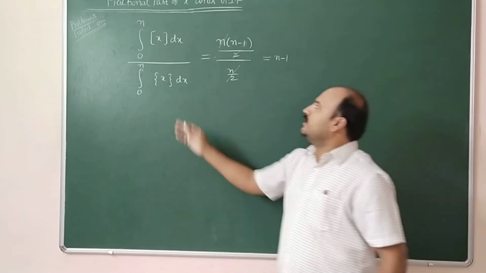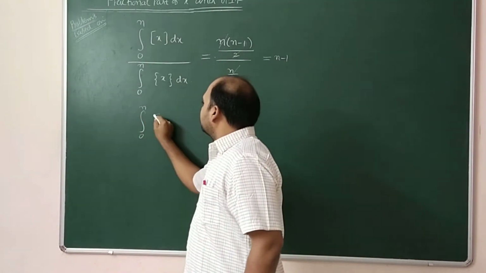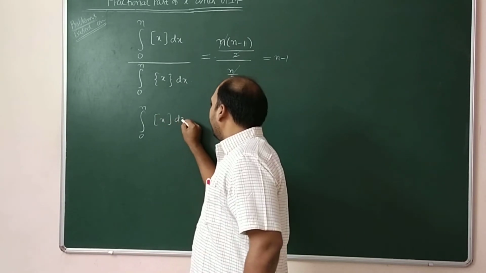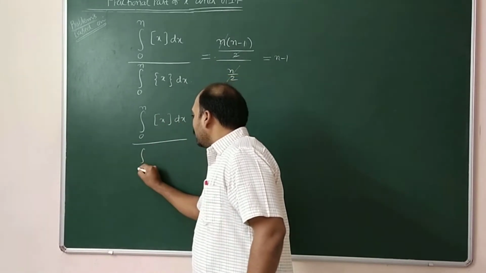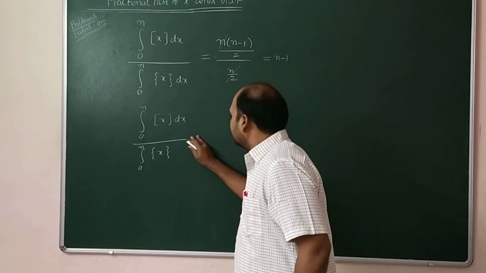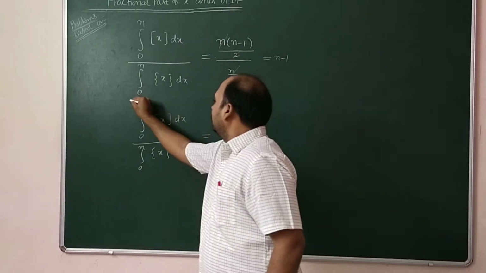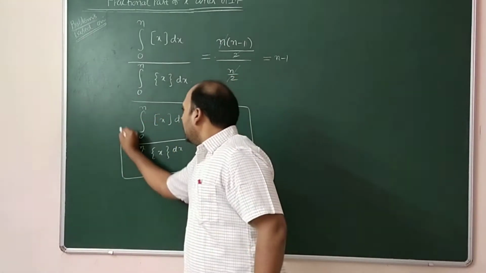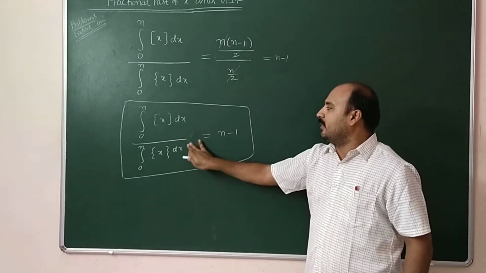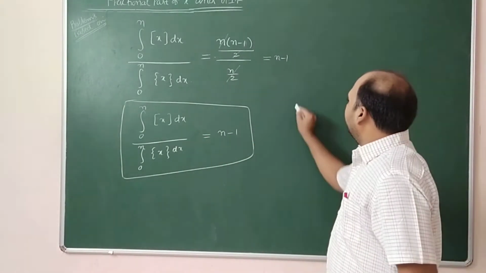So from now onwards, integral 0 to n step x dx divided by integral 0 to n fractional part of x dx is equal to n minus 1. Whichever problem is related, it may seem to be a complex question, but it is very easy if you remember this shortcut formula.